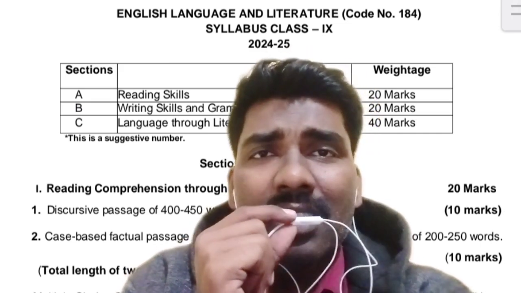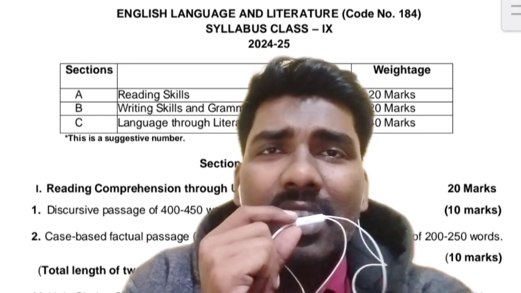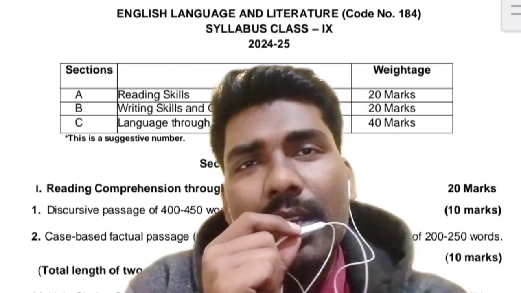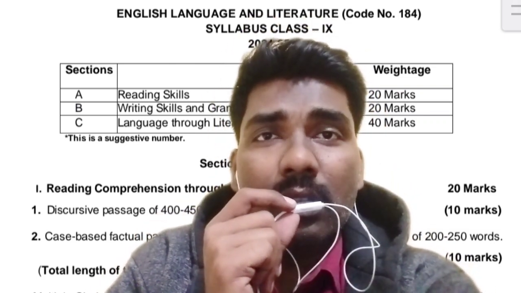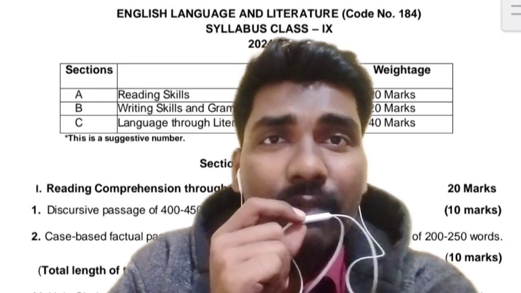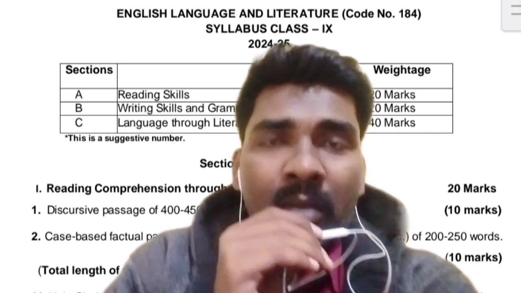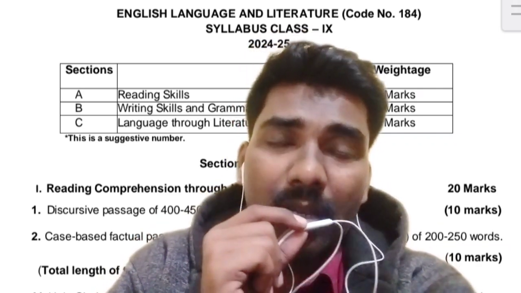For example, subject-verb agreement: if the subject is singular, the verb form will be singular; if the subject is plural, the verb form will be plural. You should know subject and verb agreement if you want to score good marks in error and correction, because the maximum number of questions are asked on it.